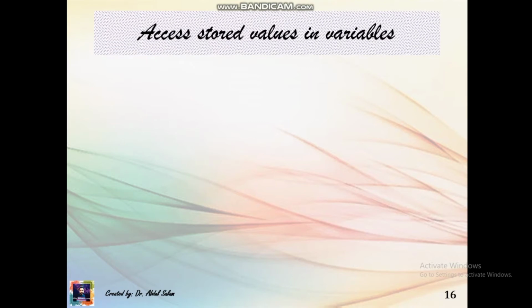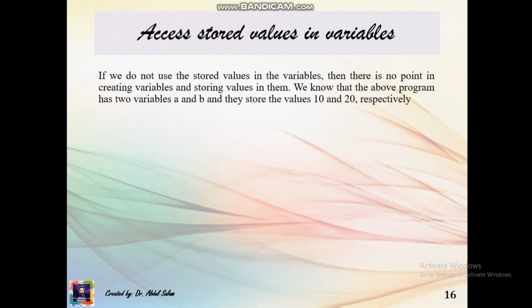Access stored values in variables. If we do not use the stored values in the variables, then there is no point in creating variables and storing values in them. We know that the above program has two variables, a and b, and this stores the values of 10 and 20 respectively.